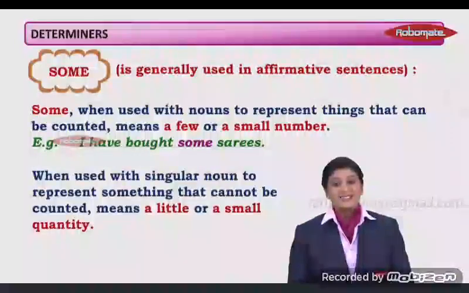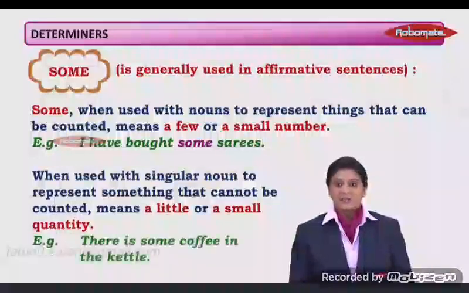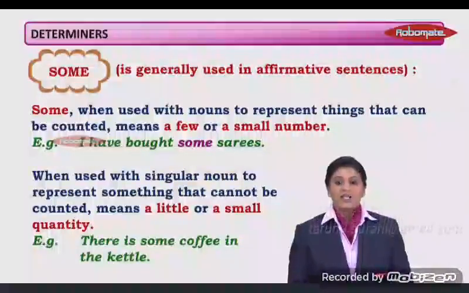But when some is used with a singular noun to represent something that cannot be counted, it means a little or a small quantity. Let's take an example here. There is some coffee in the kettle. The noun that we are going to consider is coffee, and the determiner that precedes it is again some.